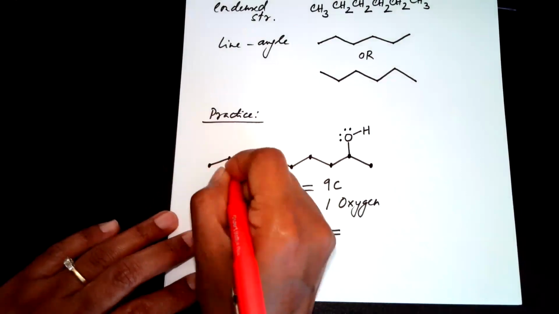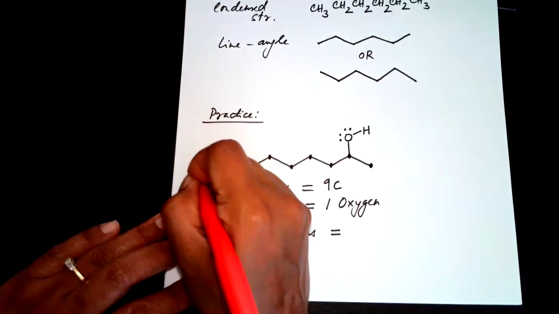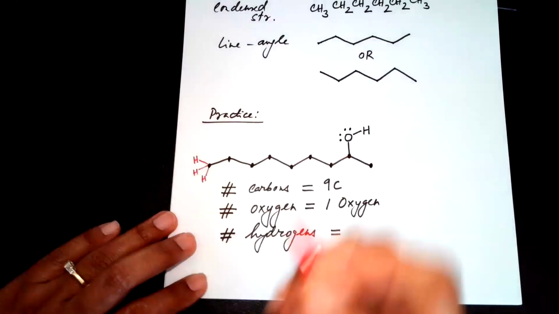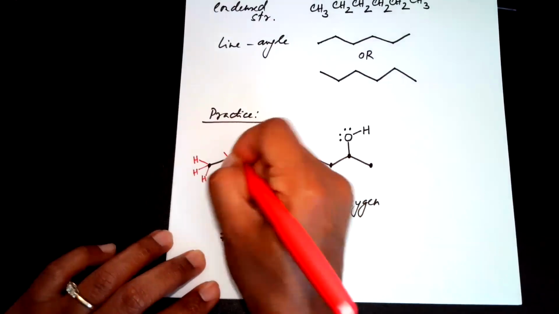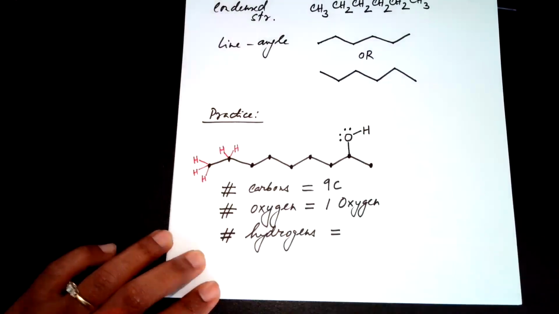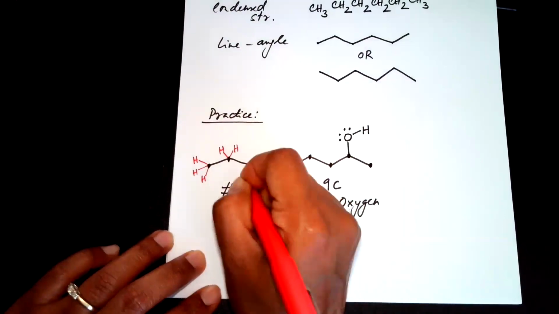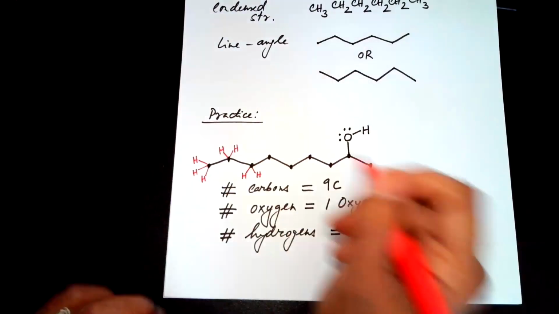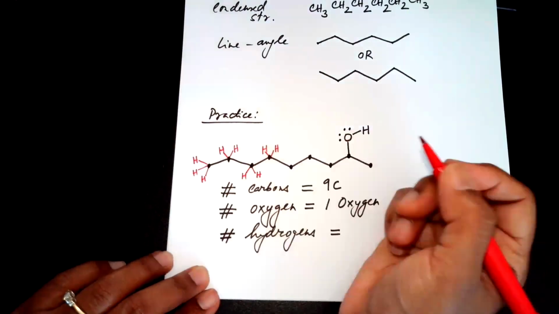This carbon has one bond that is shown, so the other three must be with the hydrogens. So those are the hydrogens. Now this carbon has two bonds, so the other two must be with the hydrogens. This carbon also has two bonds, needs a total of 4. The other two must be hydrogens. That carbon has two bonds, so the other two must be hydrogens.